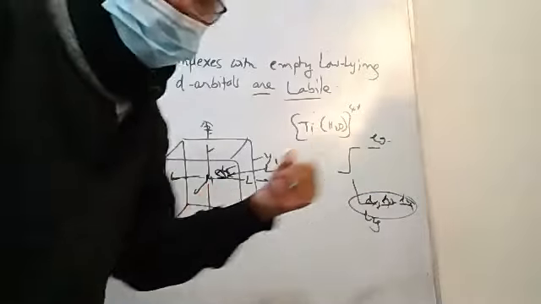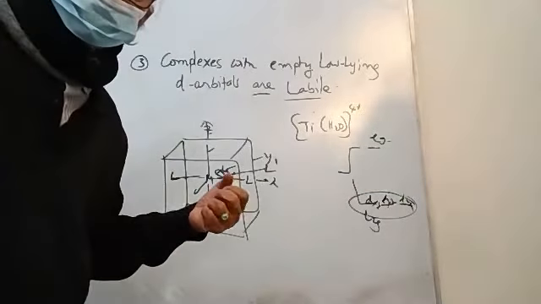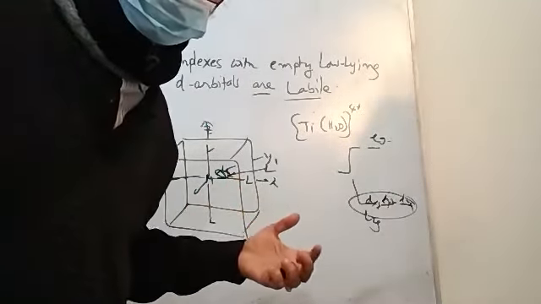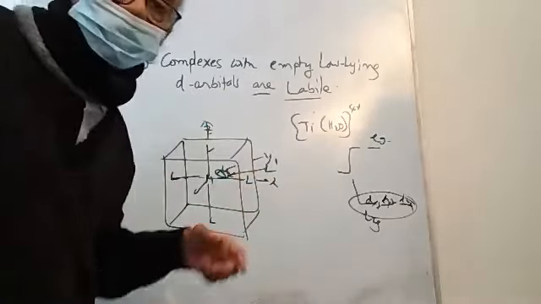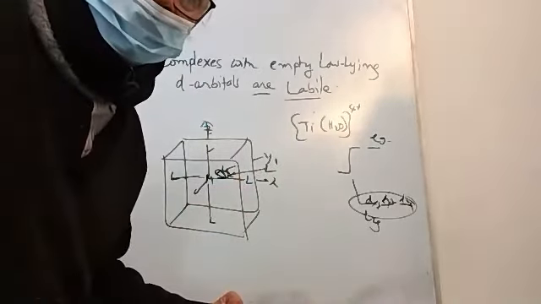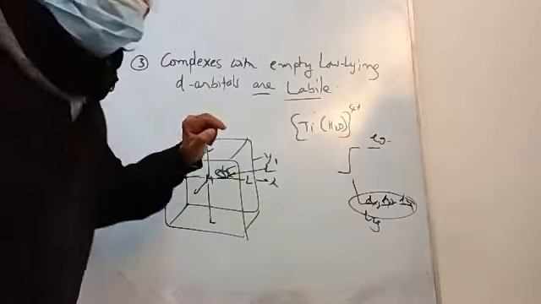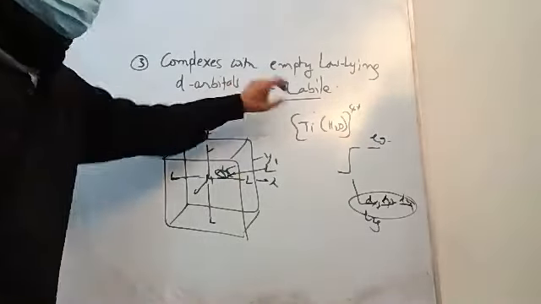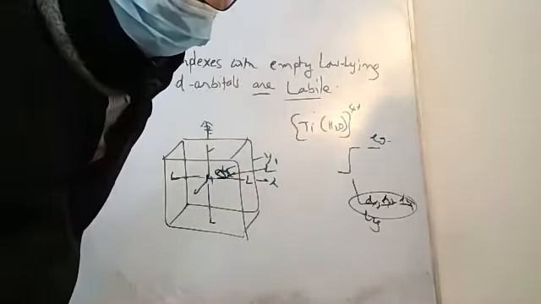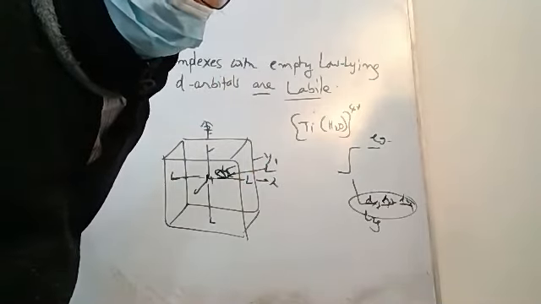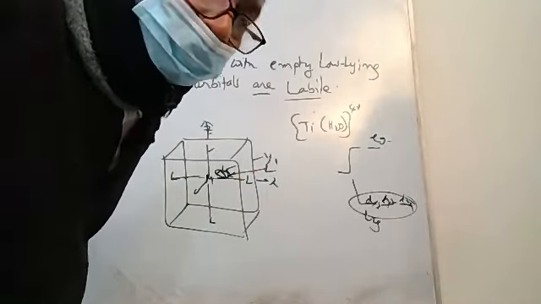So it becomes attracted to the metal because it doesn't see any electrons, there is no repulsion. So the new ligands are free to go and attack the metal, and the old ligands will leave. That is the reason why they are very labile. Okay. That is rule number 3.